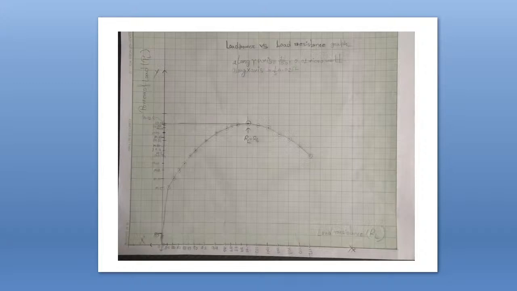You have realized that efficiency is 50% when the maximum power transfer condition takes place, but sometimes we need a system for which efficiency should be greater than 50%, especially in power transfer circuits. In the case of power transfer, we will consider efficiency greater than 50%, at least more than 60%, and we also consider the value of load resistance to be greater than source resistance.